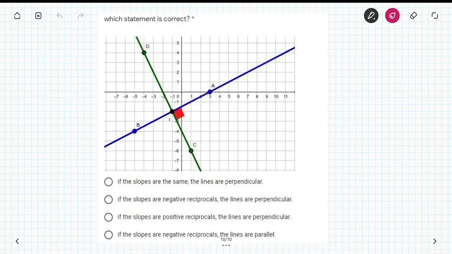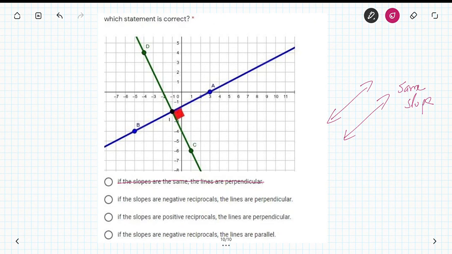Which statement is correct? All right, if the slopes are the same, the lines are perpendicular. This is not correct because we know that parallel lines, as I've said before, have the same slope. Okay? So that cannot be. If the slopes are negative reciprocals, the lines are perpendicular.